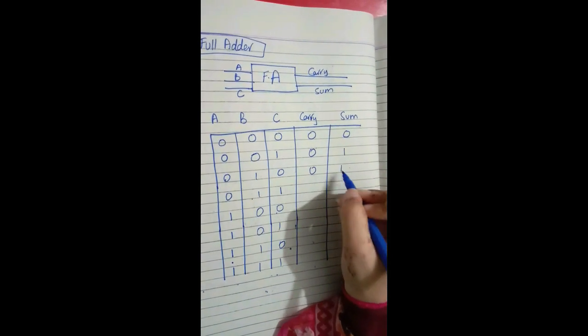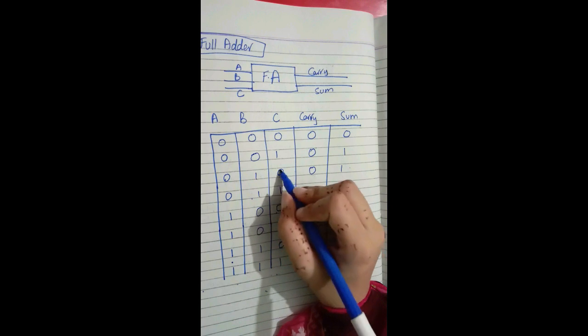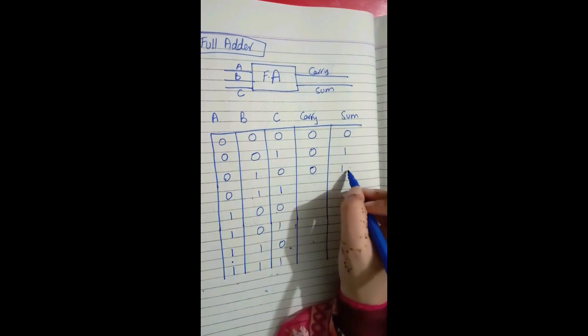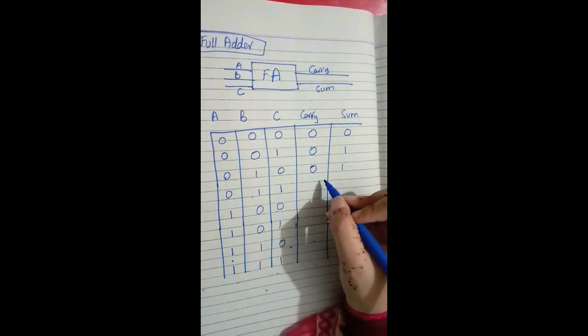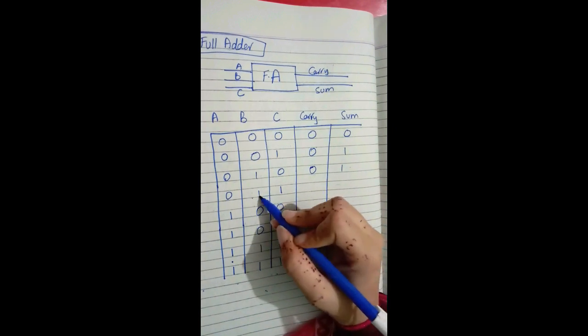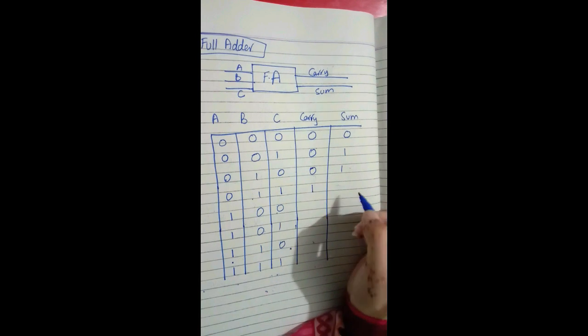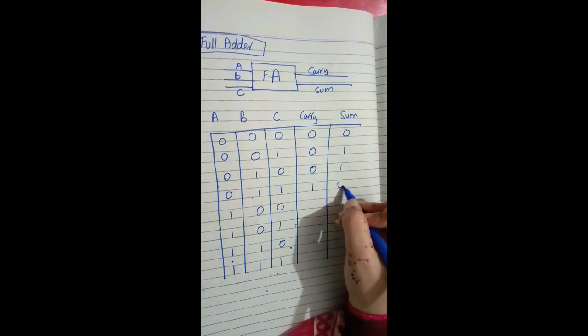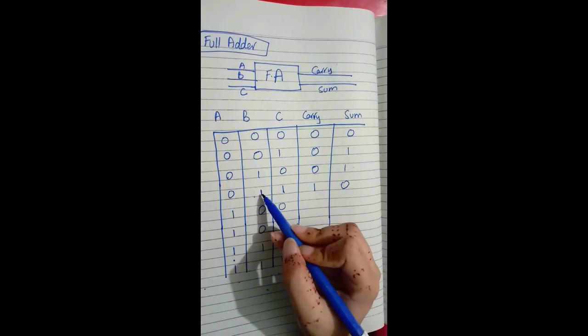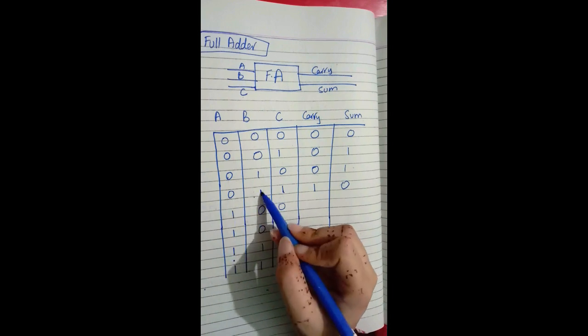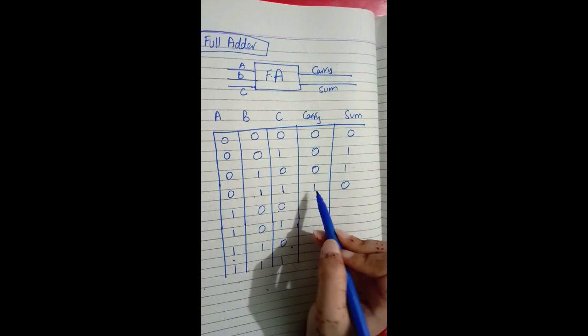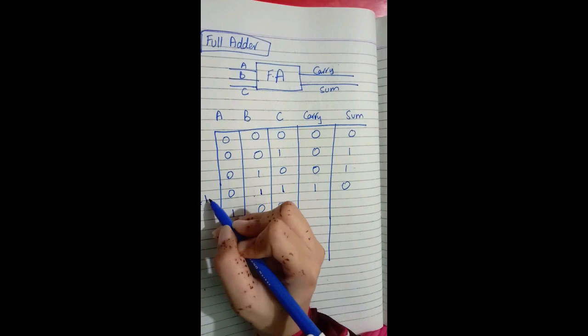Again 0 and 1. 0 plus 1, 1 plus 0 is carry 0 and the sum is 1. 0 plus 1 plus 1. In this we will have the 1 carry and the sum will be 0. 0 plus 1 is 1 and 1 plus 1 is 10. As I told you before, 1 plus 1 is equal to 1, 0.